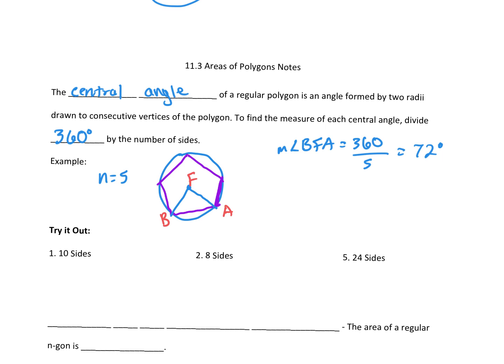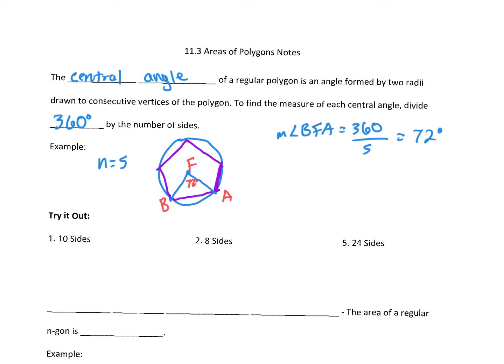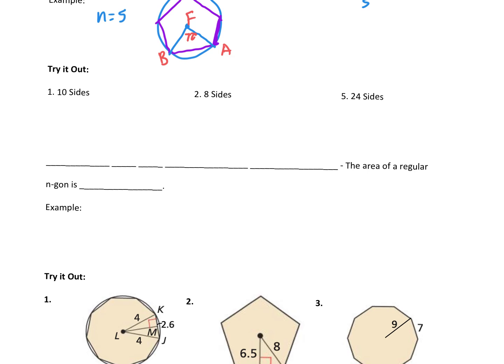So then this right here is 72 degrees. So let's try this out. So we had 10 sides. We take 360, divide that by 10, we get 36 degrees. If we have 8, 360 divided by 8, we get 45 degrees. We get 24, we get 360 divided by 24 sides. That's a lot of sides on that polygon. That is 15 degrees per central angle.